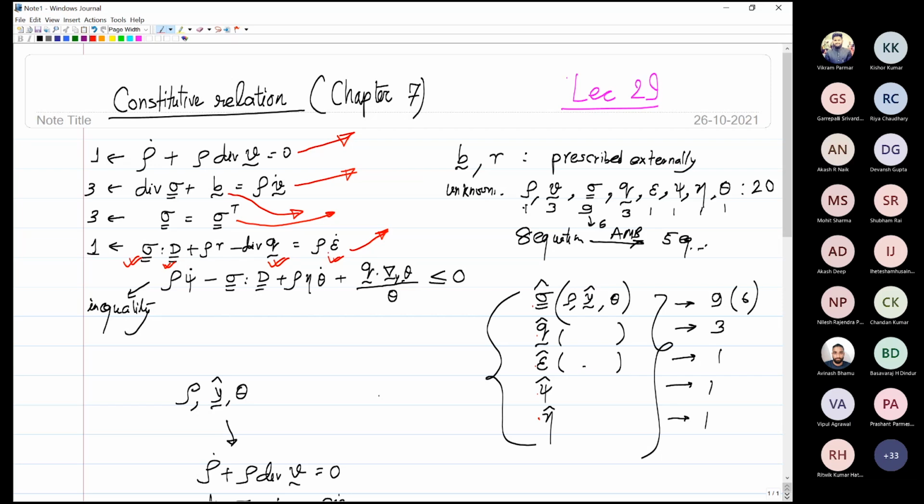And for such a choice, you can then choose a small r, the heat generation rate per unit mass, so that the energy equation is also getting satisfied. So again, this also does not put any restriction.